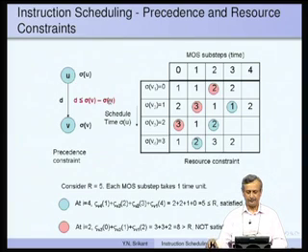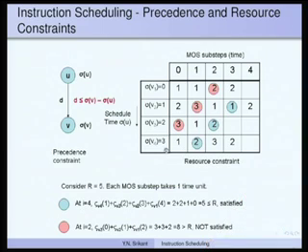Whereas, for the resource constraints, let us assume that v1, v2, v3, v4 are scheduled in 0, 1, 2, 3 time slots. These are the sub steps of each MOS, and the matrix contains numbers which indicate the resource requirements of various sub steps. Assume that we have 5 resources, and at i equal to 4, we start here at 3. So, this is 3, this is 4, right.